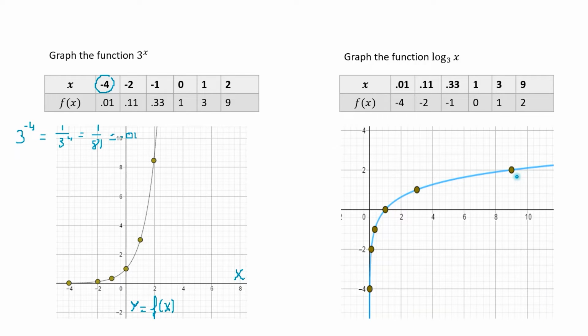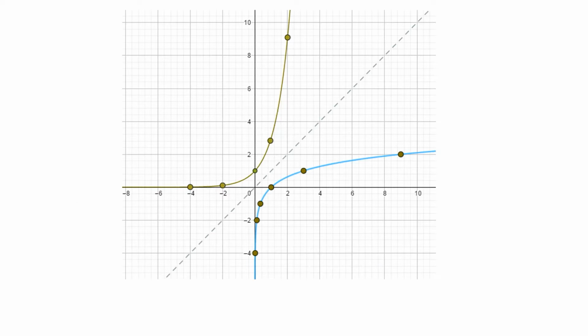So you'll notice on my next slide, which I'm going to flip to now, there is a slight difference or similarity between the two of these. Okay, there they are. Top one, I have my function 3 to the power of x. Red line, I have my function log of x to the base 3.